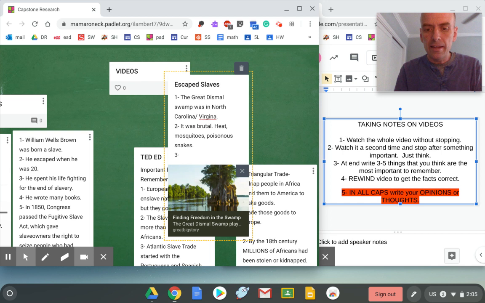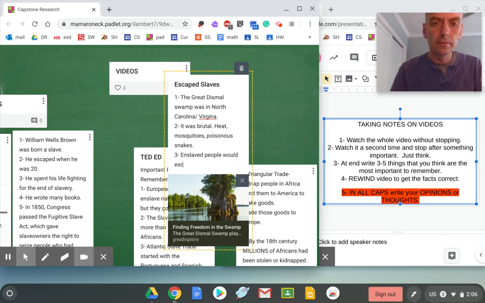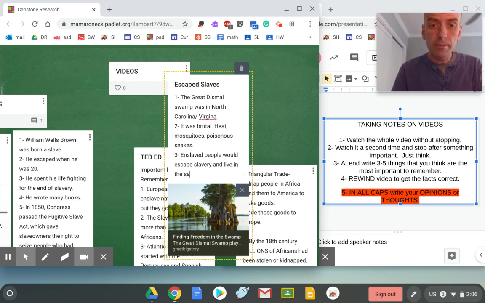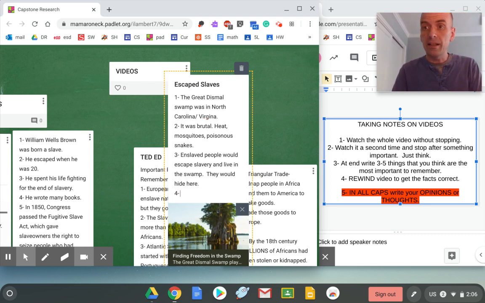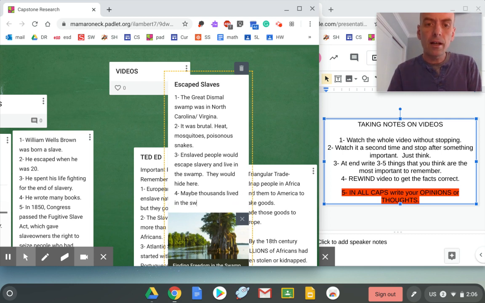I think we have to say that enslaved people would escape slavery and live in the swamp. They would hide here. Should we add that maybe thousands lived in the swamps?